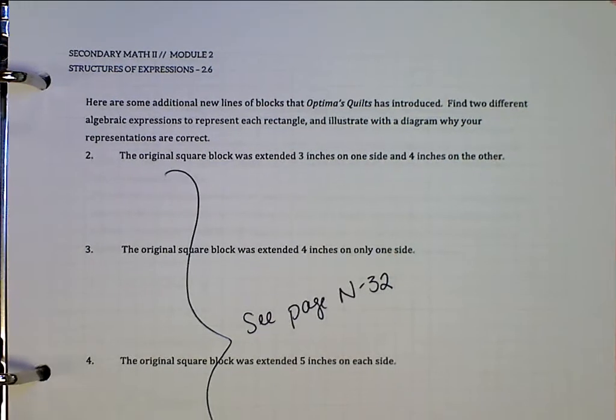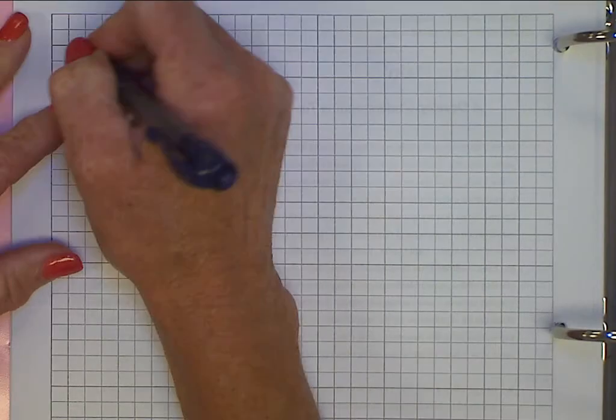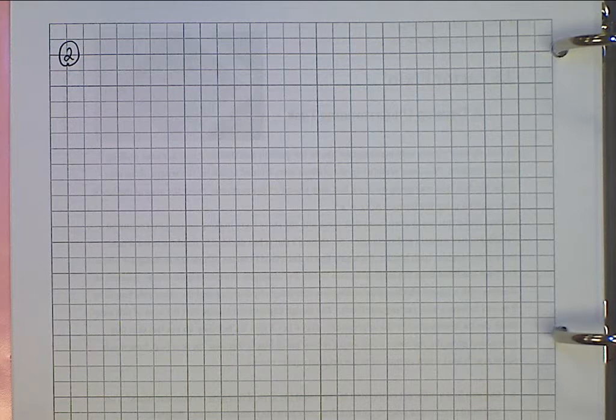So again, I'm going over to the left to page N32. Trying to get this situated so that you can see everything here. We are going to start with number 2, where the original square block was extended 3 inches on one side and 4 inches on the other.